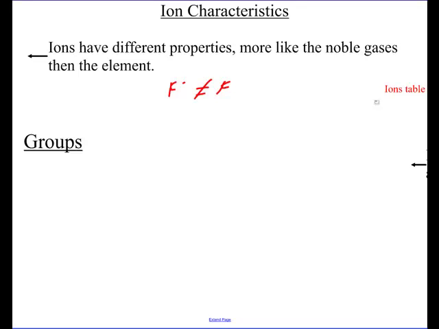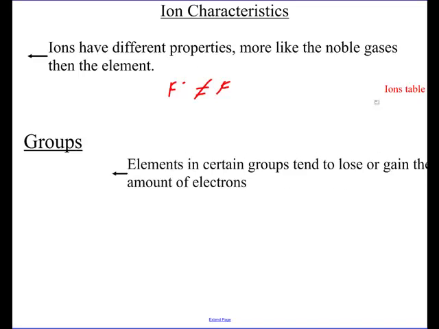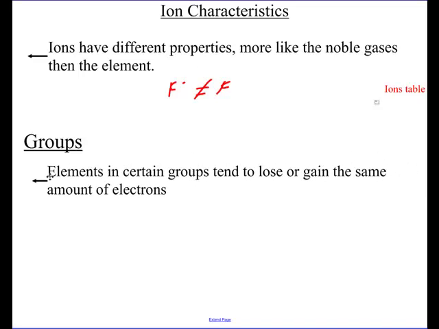All right? And then the next thing that's kind of important is what happens over and over and over. And it turns out that elements in certain groups tend to lose or gain the same amount of electrons over and over and over. So that makes it kind of nice because then we can predict and we can actually memorize their charges without really having to memorize.